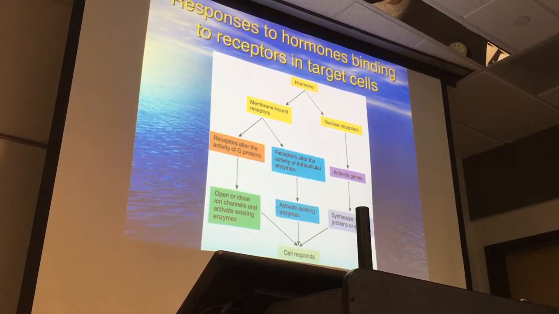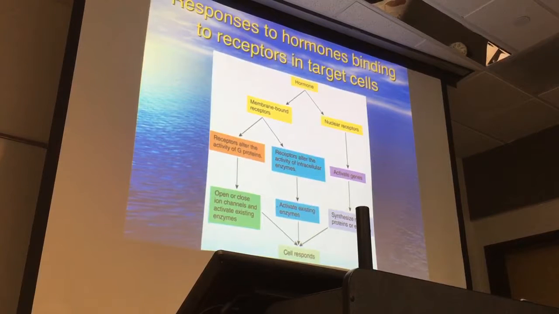So this sums it up, and we'll just go through it. A hormone can bind nuclear receptors if it's lipid soluble. It's going to activate some genes. They synthesize new proteins or enzymes, and then you get the response. A hormone that is water soluble will bind a membrane-bound receptor. It's going to work two ways. They can work through a G protein already existing, and then open or close ion channels or activate existing proteins.